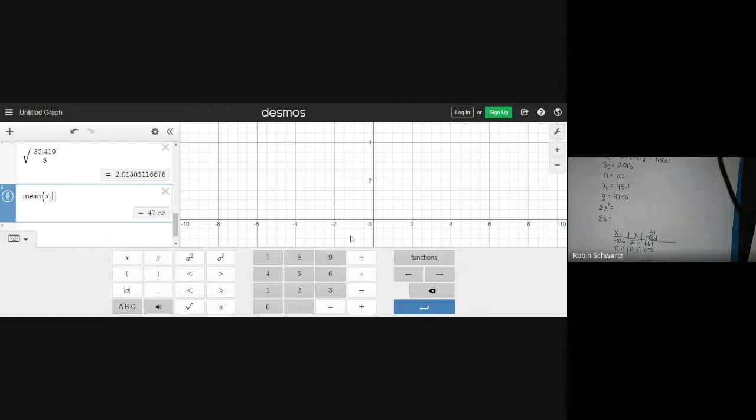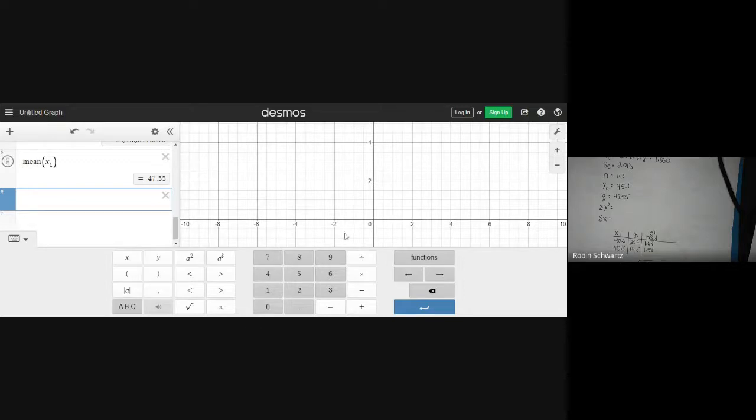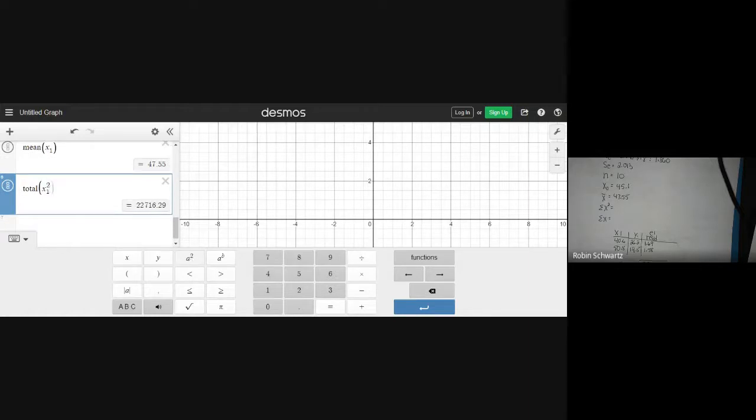Then I want the total of the total of x1 squared on the inside, so it squares first and then totals them up. 22,716.29.